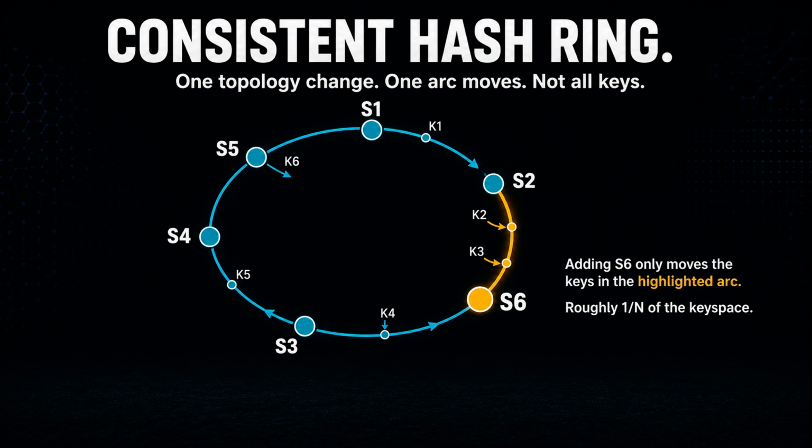Consistent hashing solves that. It maps both servers and keys onto a single ring, and each key lives on the next server clockwise. When a server is added, only the keys between it and its predecessor move. When a server is removed, only its keys move. The blast radius of a topology change is roughly 1 over n instead of all of it. We will come back to it later in the series.